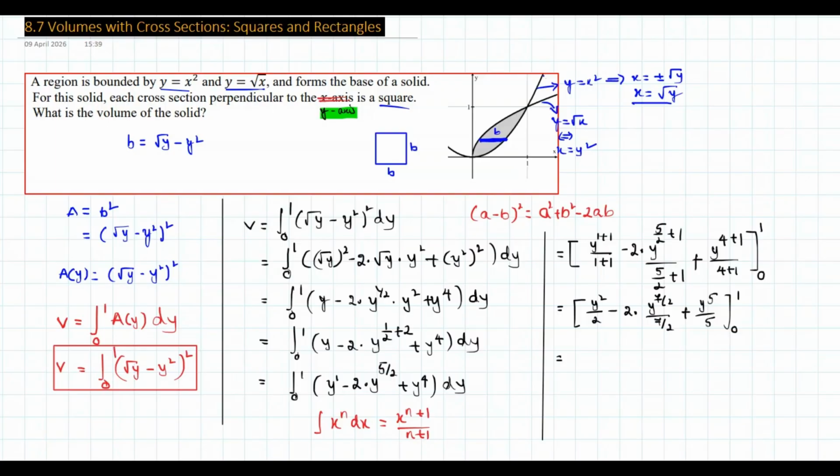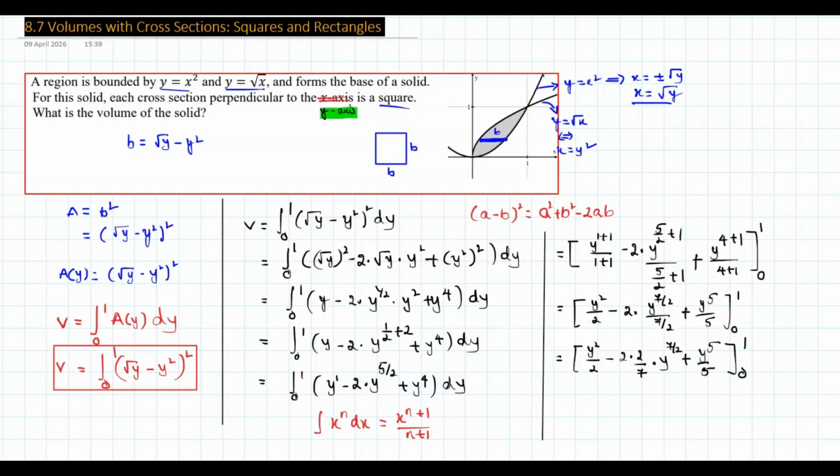Now let's simplify this one. So y squared over 2 minus 2 times, here there is a fraction, 7 over 2, with a fraction in the denominator, right. So by inverting this fraction we can multiply, that is 2 over 7 times y to the power 7/2, plus y to the power 5 over 5, from 0 to 1.